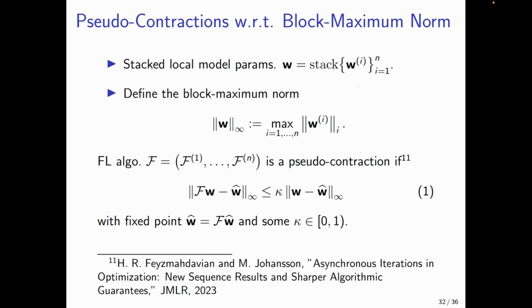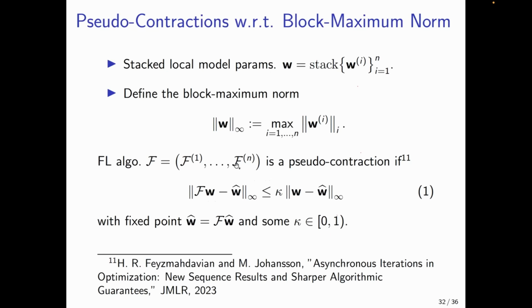So it turns out one way to characterize or to provide sufficient conditions on asynchronous algorithms is using the notion of pseudo-contractions. Whenever these fixed point operators are a pseudo-contraction, which means that if you apply these operators to a given choice of local model parameters, the operator pushes them more towards the solution of GTV minimization, which is very natural.